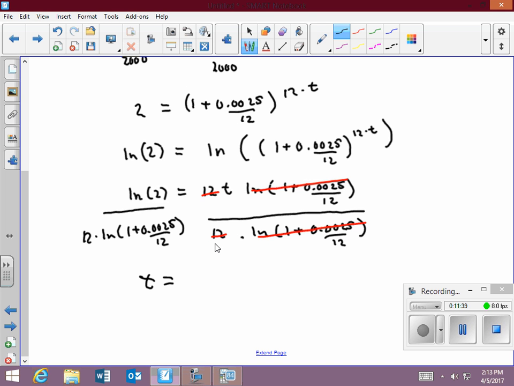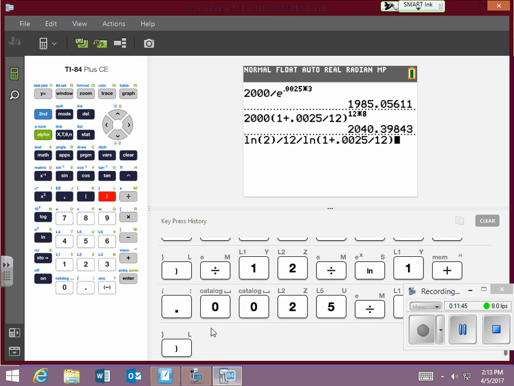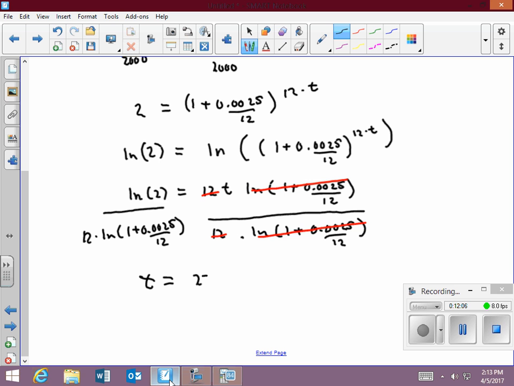And I didn't have to bracket that 12 ln, I could just divide it twice, correct? So I just enter it. 277.29, the number of years, it doesn't tell me how close I have to get. So 277.29 years, right? To double, because 2,000 went to 4,000.